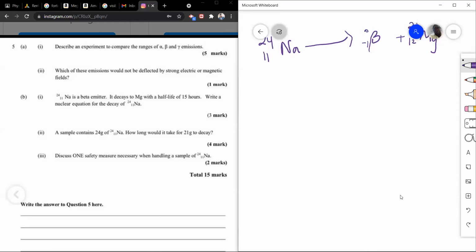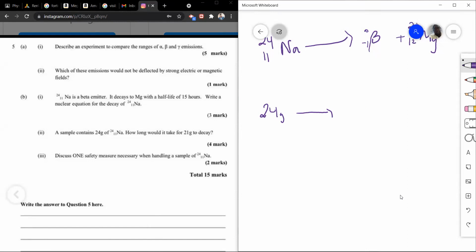Do not think that you can go in the exam and say, oh, 24 grams breaks down to 21 grams, and then try and find a fraction of something. That's not how it works. What the question is really saying is that 21 grams of the sodium has now decayed. Therefore, what is left?